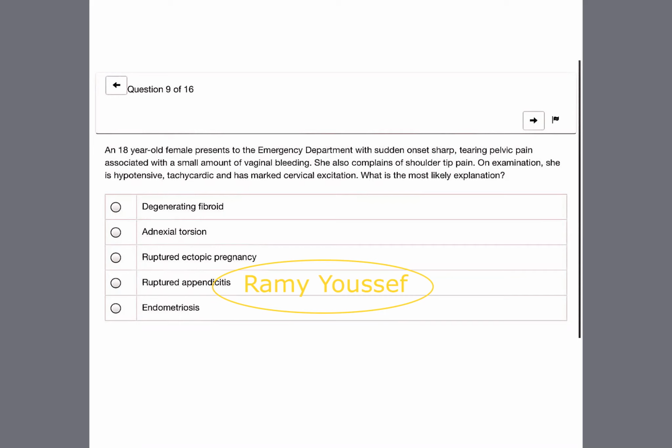It's clear. I'll say rupture ectopic. But there's A, degenerative fibroid, B, adnexal torsion, C, rupture ectopic, D, rupture appendicitis, and E, endometriosis.